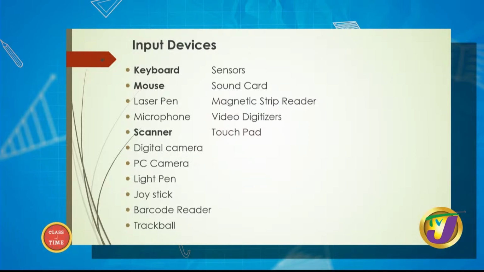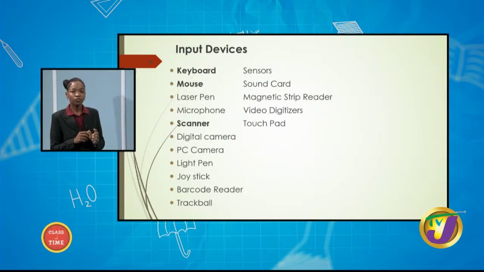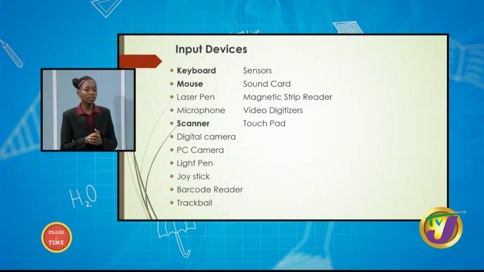Now students, I know that some of you are wondering what some of these input devices are used for. So what we are going to do is ask that you choose 5 input devices on the screen that you are not familiar with, not the regular ones.